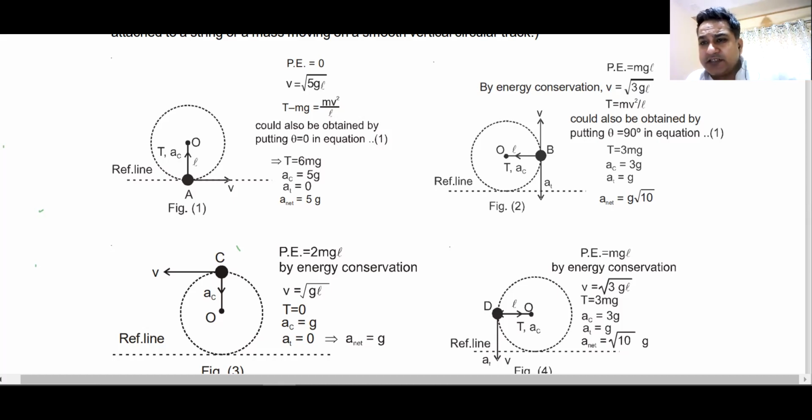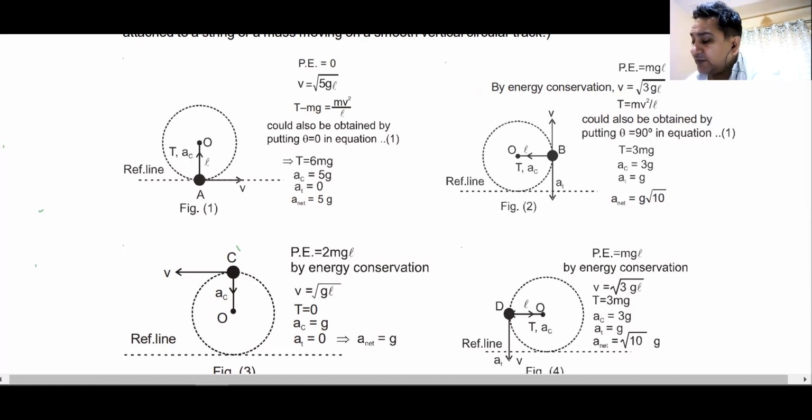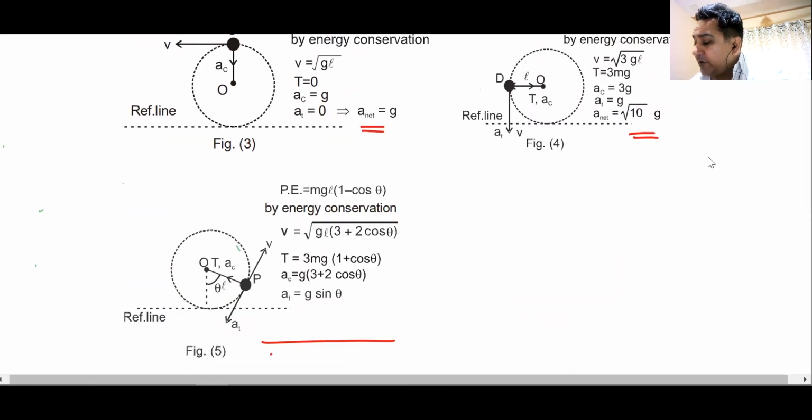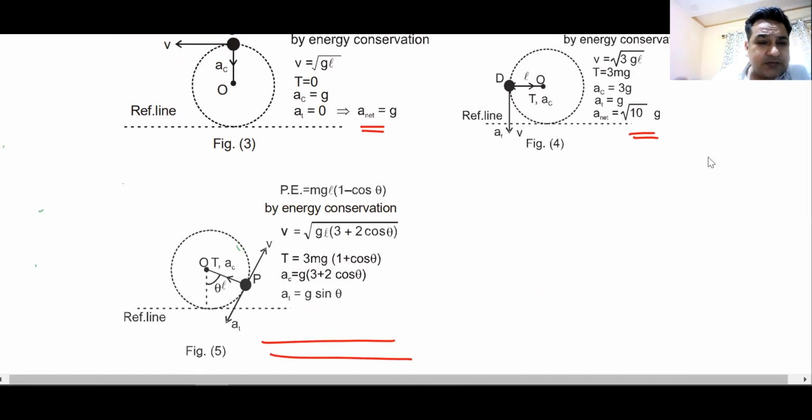Have you noted down these conditions here? At the highest point, at the lowest point, at the middle point, what should be the velocities, what should be the accelerations? Have you noted this down, everyone? With these 4 cases and one more here, 5, you should be able to solve any problem that comes to you from this part.